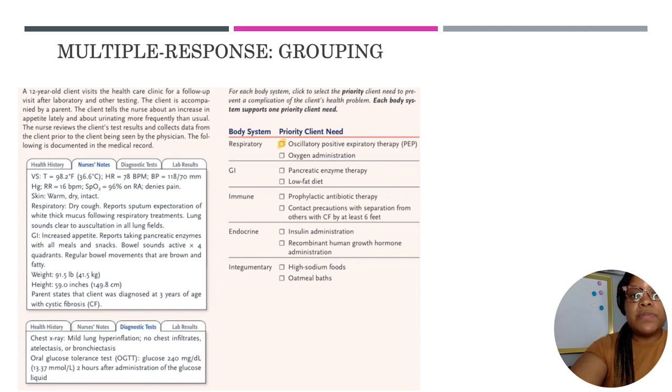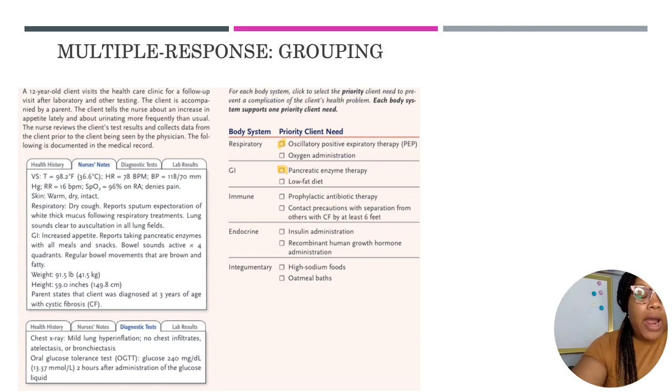Let's think about it. So this patient has cystic fibrosis, meaning that they do not have those pancreatic enzymes that they need for digestion and for absorption of nutrients. So a patient needs to always take their pancreatic enzymes. Those are very, very important. So that's going to be priority for this patient.